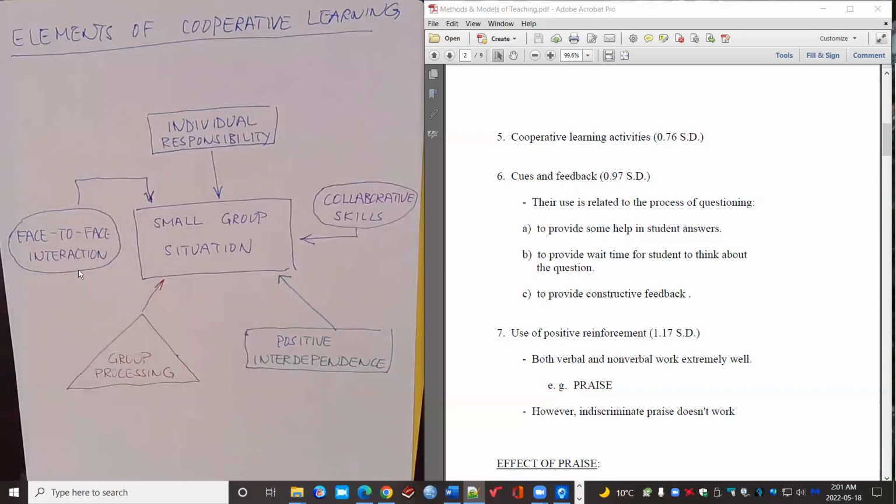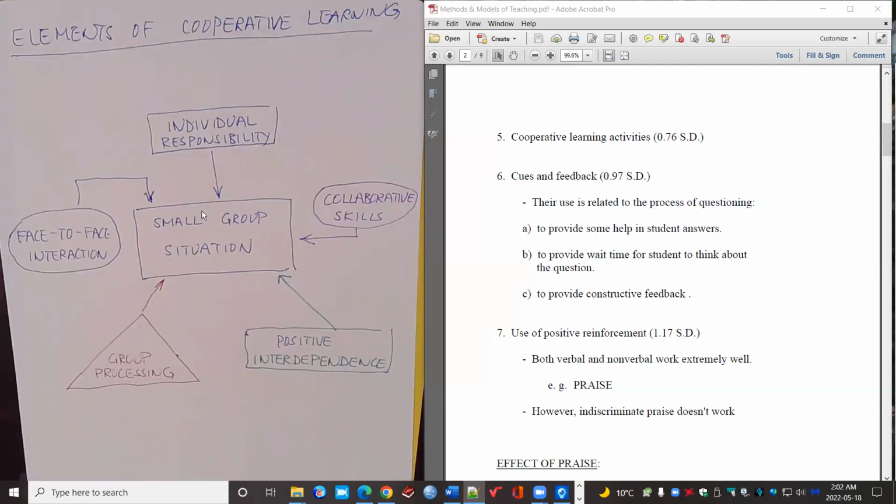Face-to-face interactions, all right? A small group, yes, 3 or 4 students sitting together. There's a face-to-face interaction. When there is face-to-face interaction, most of the time it promotes collaborative skills, all right? So it is a group-centered approach.